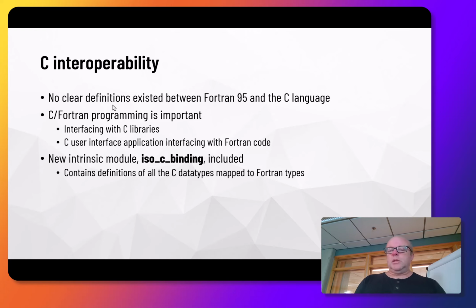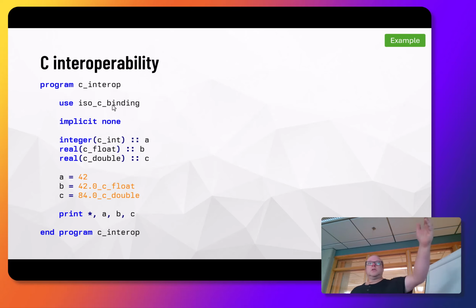I think I covered it a bit before. It contains the definitions of all the C data types mapped to Fortran types. So as I say, you can have C int, C float, C double, and so on. You can also have suffixes like this. That means a lot, especially when you're defining subroutines that you want to link together with C. You can use these data types and you get one-to-one mapping directly.